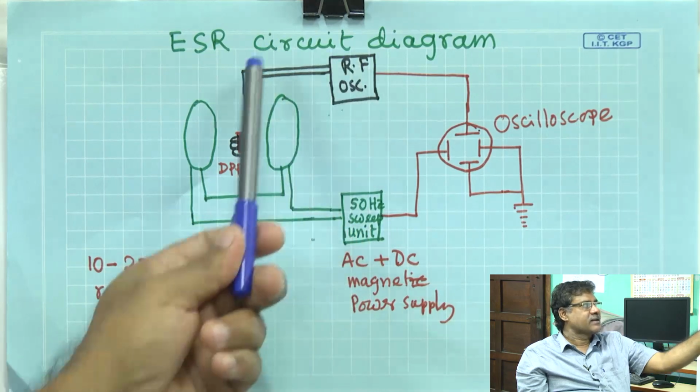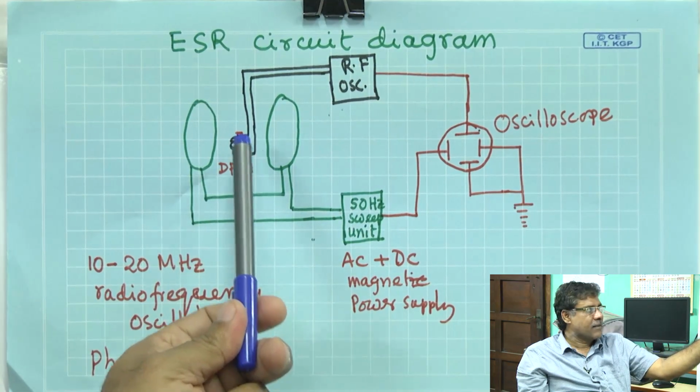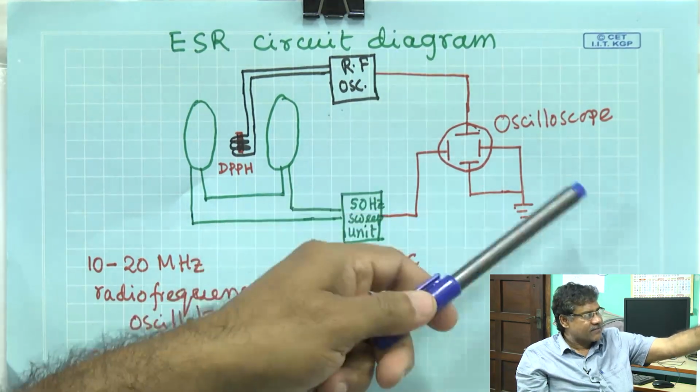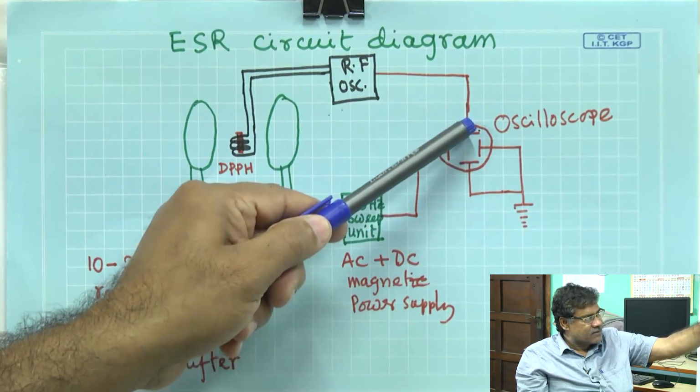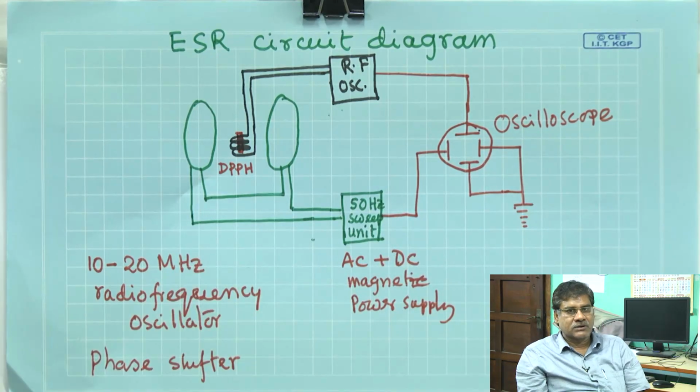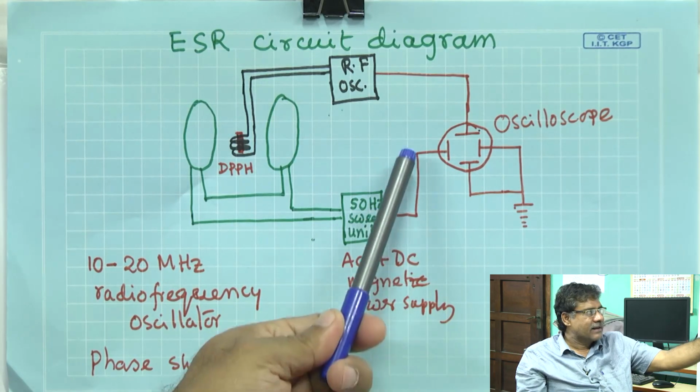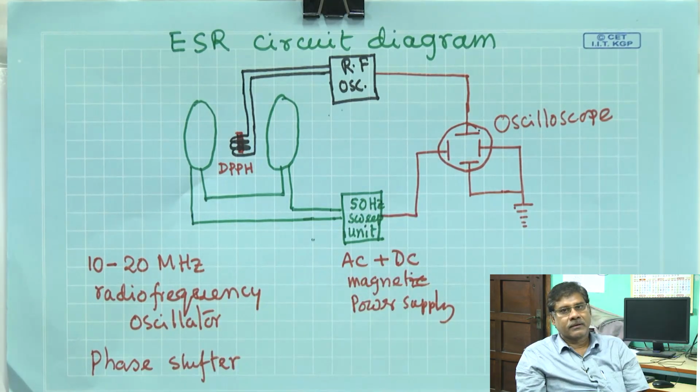Whenever the energy is absorbed by the sample, the corresponding signal is given to the Y plate of the oscilloscope, and the signal for the variation of the magnetic field is given to the X plate.